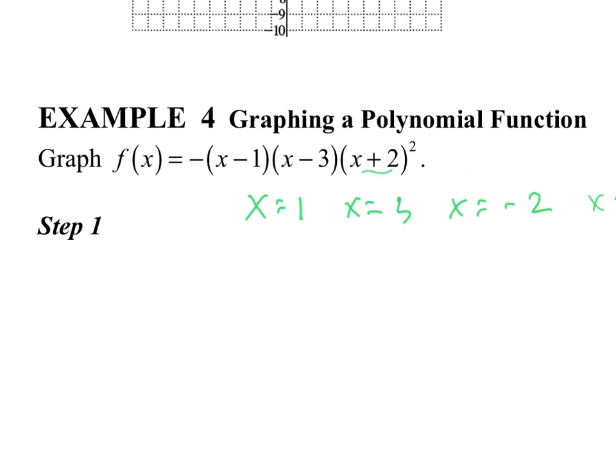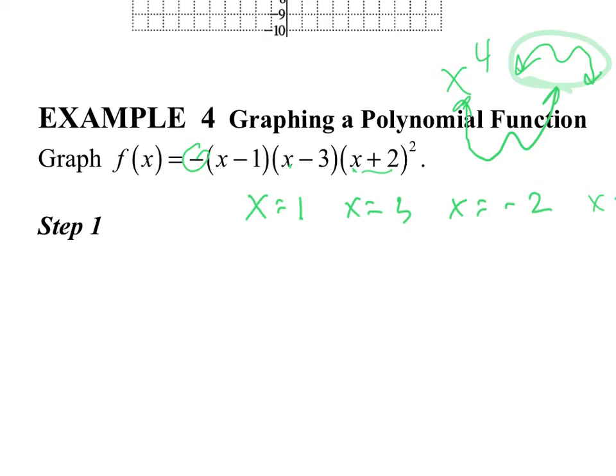This is going to be an x times an x times an x times an x. This is an x to the 4th power. So it's an even power. So we know that both sides go up or both sides go down.